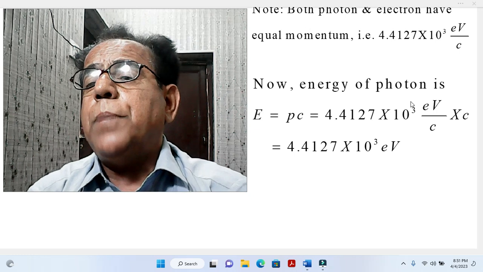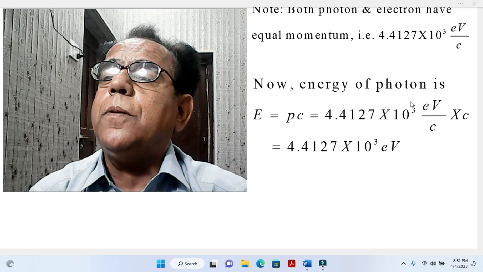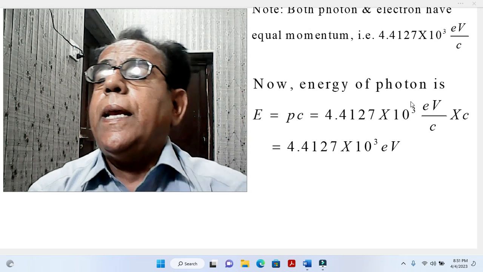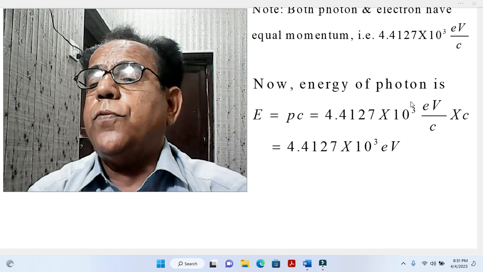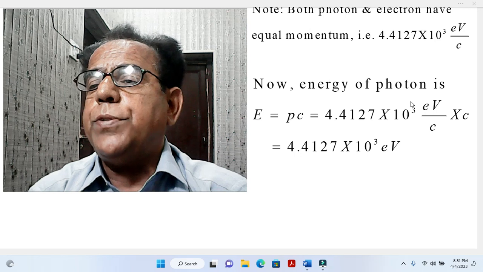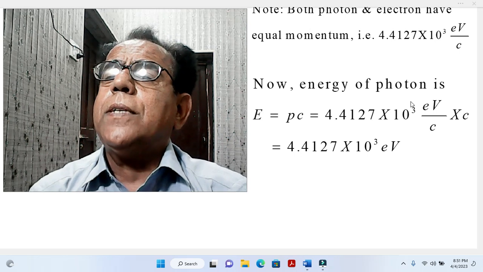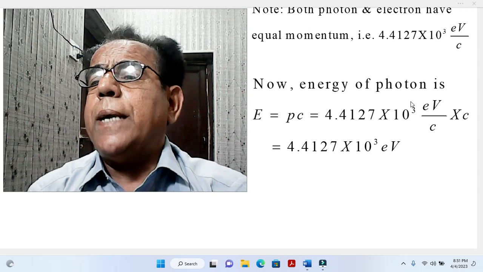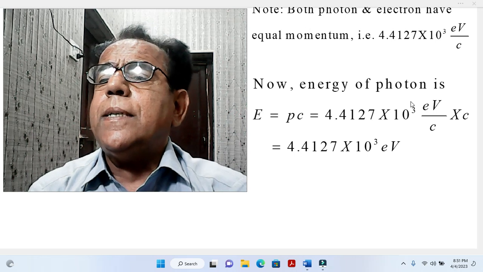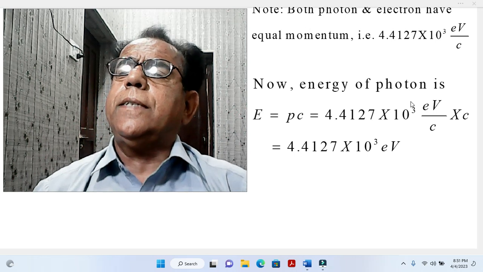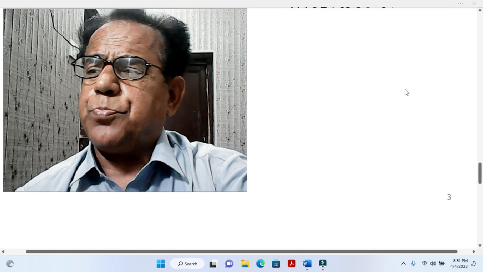So when we multiply it with C, then C in the denominator will be cancelled, and our energy of photon will become equal to 4.4127 into 10 to power 3 electron volt. What is the difference? In case of momentum, C was in the denominator, but in case of energy of photon, C is not in the denominator, it is in electron volt.